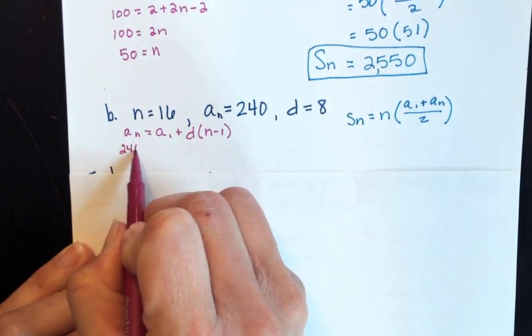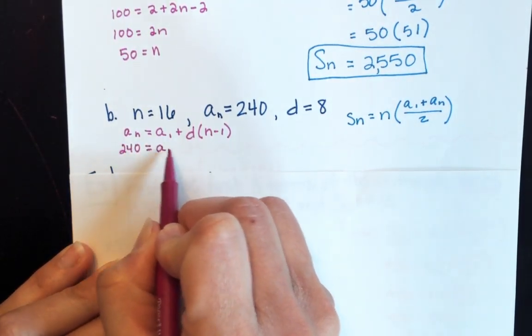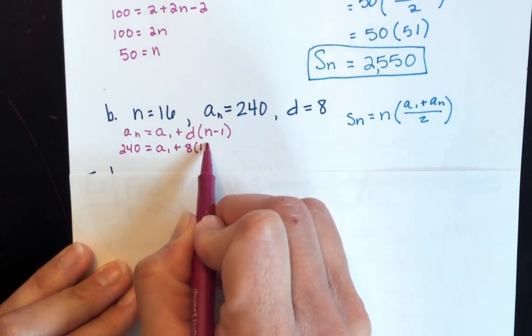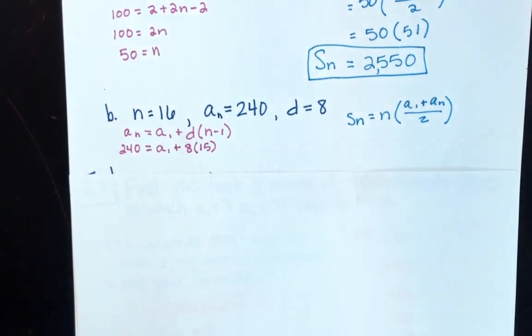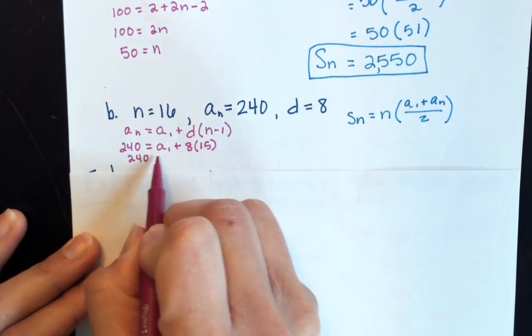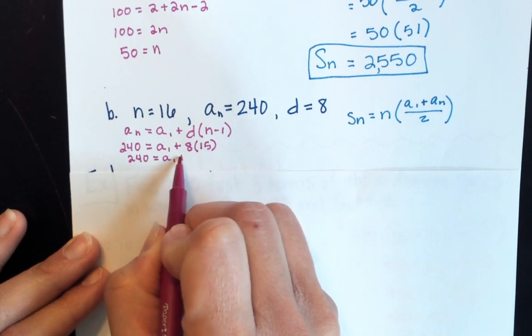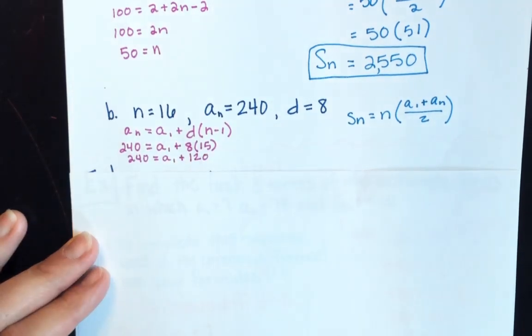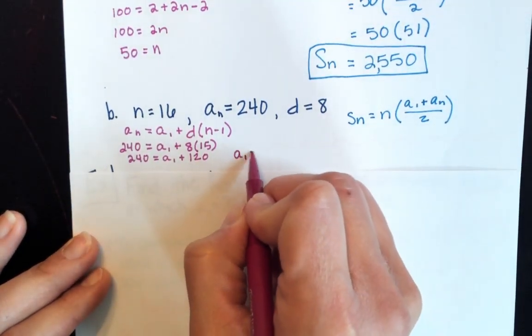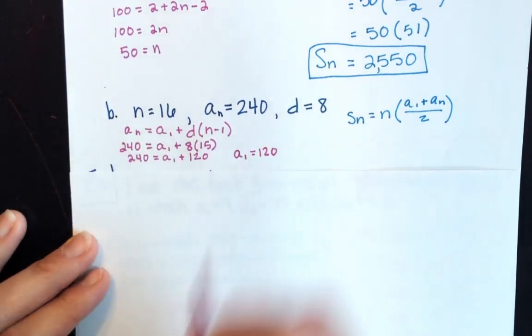So 240, and I'm going to cut to the chase and do 15 right away. So we have 240 equals a sub 1 plus 120. So we just found out a sub 1 is 120.